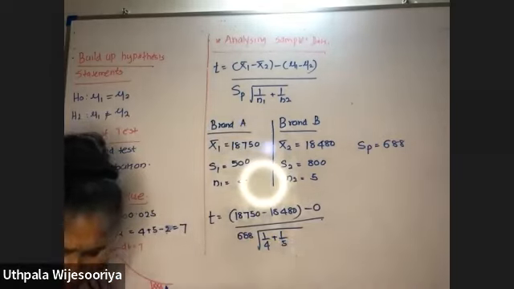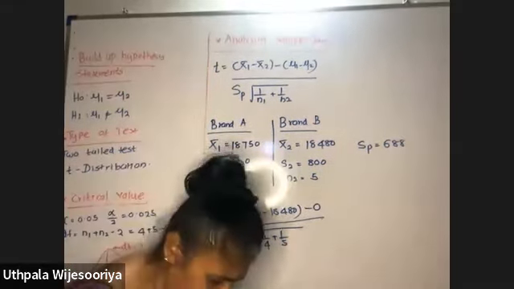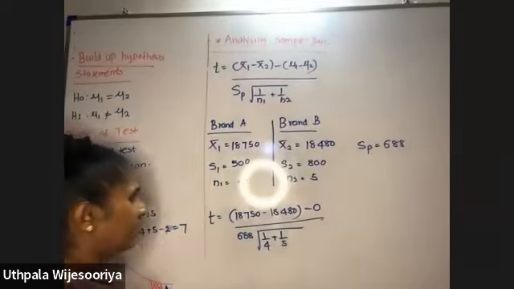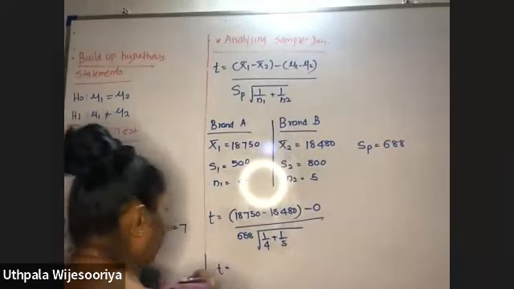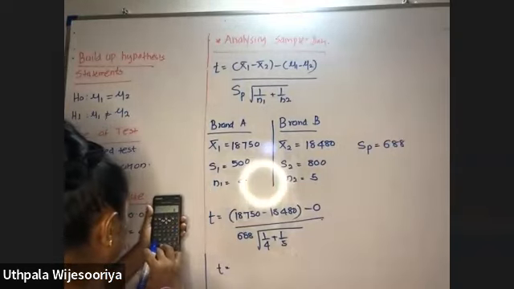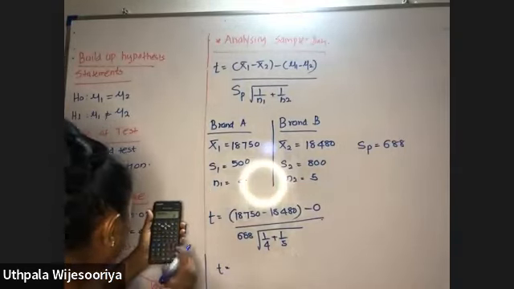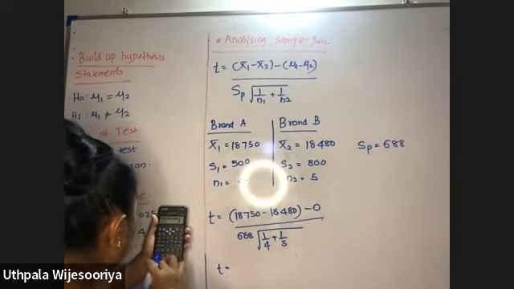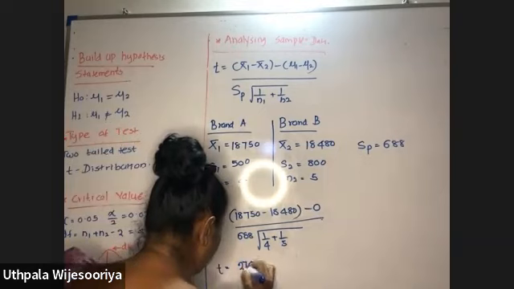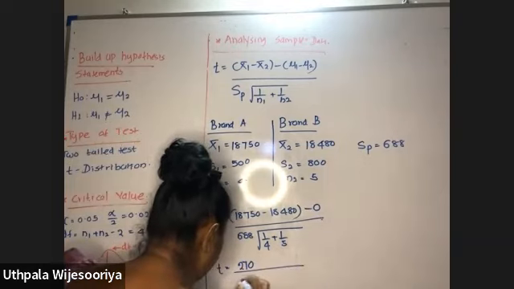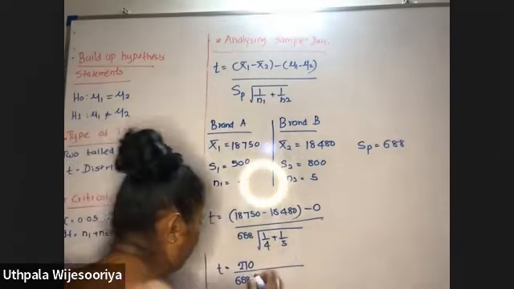So T equals numerator 18,750 minus 18,480, that is 270, over denominator 688 times square root of 1 over 4 plus 1 over 5.